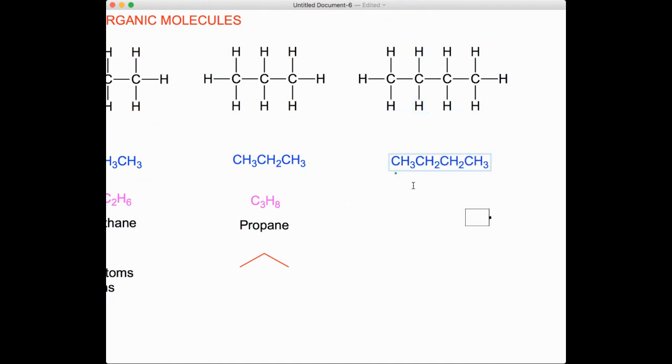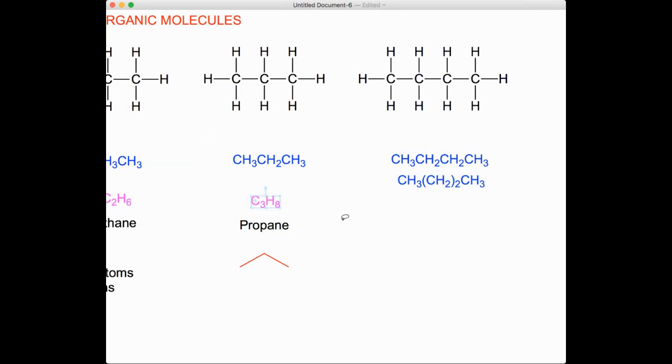CH3, CH2, CH2, CH3. Some textbooks can also use this notation as the condensed formula. I'm going to show you right now. So they just add parentheses, so this is another way, okay? You can show parentheses 2, that means 2 CH2s, okay? Either is valid.